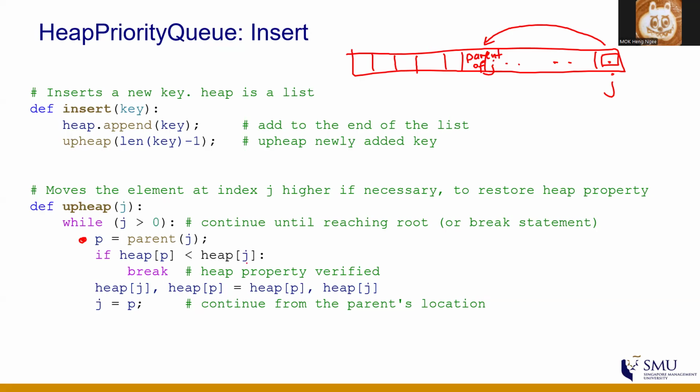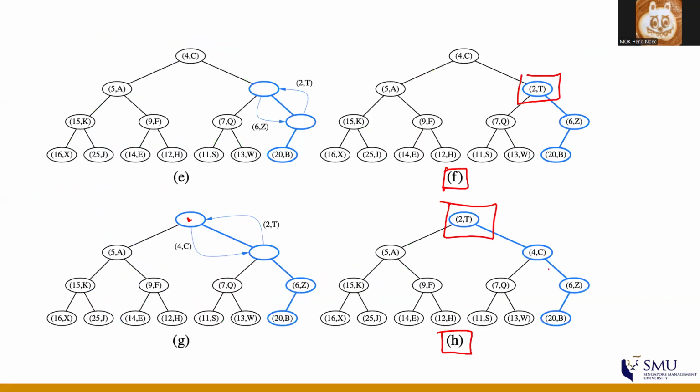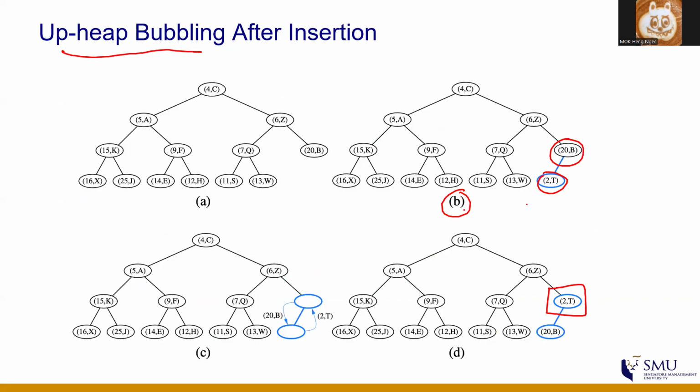And then what do I do? I compare the value of j with its parent. If the parent is smaller than j's value, end of story, I break because it's at the correct position. On the other hand, if that's not the case, I need to do a swap. So this statement does the swap. In this example, let me go back to this case, I'm swapping this with this.